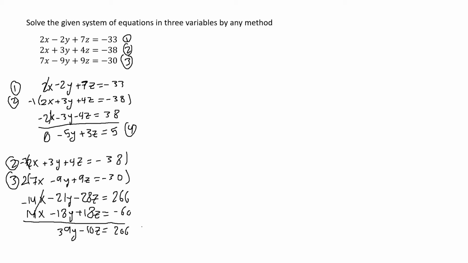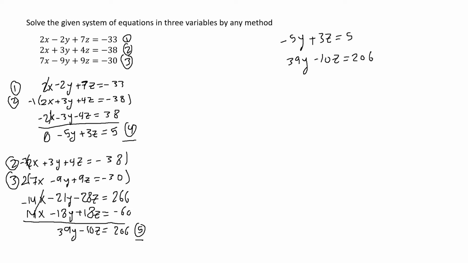Let's call this equation 5. So now we have equation 4 and equation 5. Negative 5y plus 3z is equal to 5, and 39y minus 10z is equal to 206.